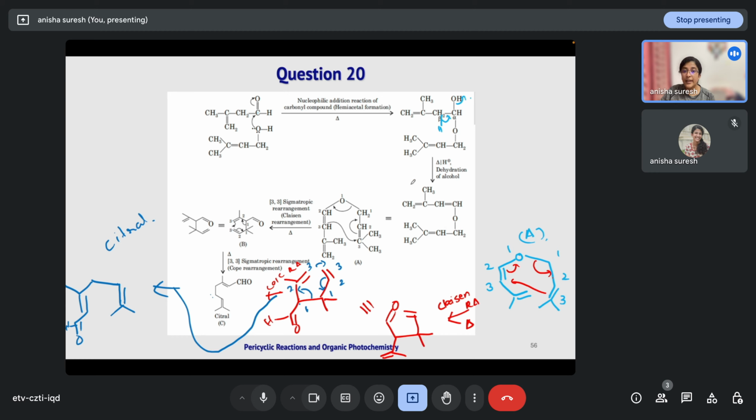It can undergo a 3,3 sigmatropic rearrangement, which is also known as Claisen rearrangement, resulting in the formation of this B. Okay, and this B, when we redraw, you can see it is again a system for Cope rearrangement, and under thermal condition, it will undergo a Cope rearrangement, that is a 3,3 sigmatropic rearrangement, resulting in the formation of this final compound C, citral. Okay.